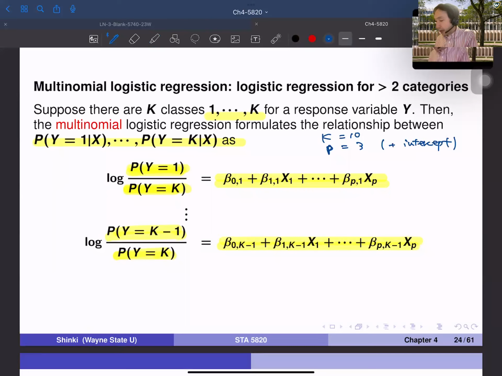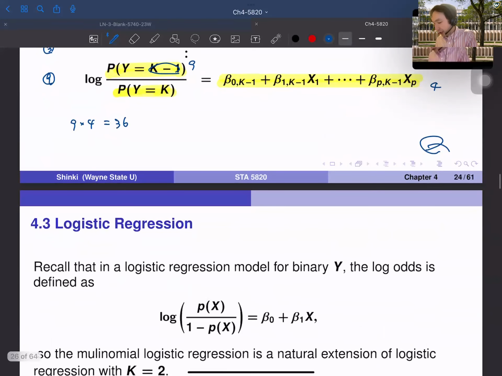So in total, how many? 9 times 4, 36 parameters. So we have many parameters in this model. We have a quiz related to this. And this is a natural extension of logistic regression. So remember that the log odds ratio is equal to beta naught plus beta 1 x, or in general, up to beta p xp.